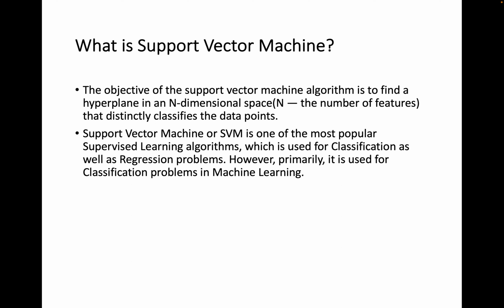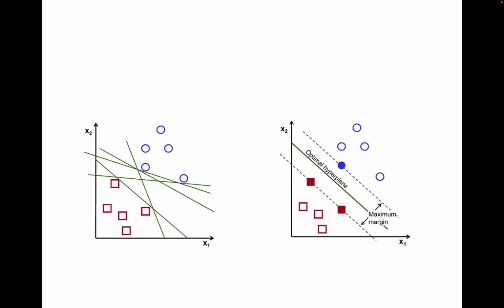However, primarily it is used for classification problems in machine learning. Classification because again text recognition is a classification problem. You like tell machine 1 कैसा दिखता है, 2 कैसा दिखता है, and so on.